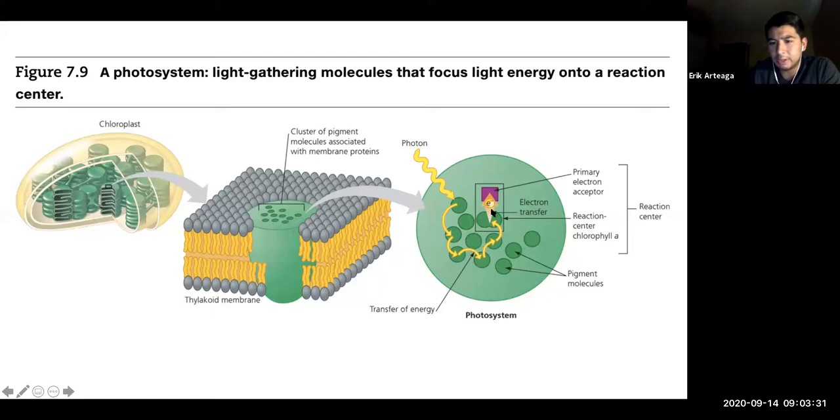And then you have this electron being transferred up into the primary electron acceptor, right? So this is going to be the reaction center of chlorophyll A. This reaction center is going to be transferring these electrons up to an electron acceptor, okay? This electron acceptor will then be utilized either to have a proton motive force, or you will have the electrons being donated as building blocks to NADPH.